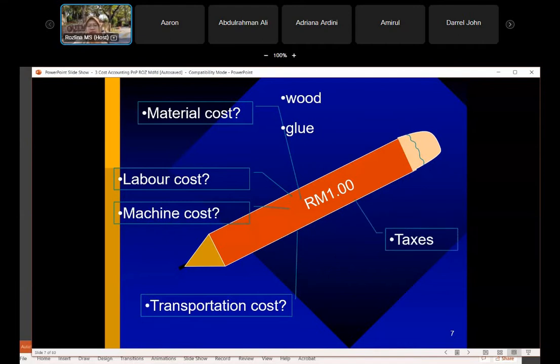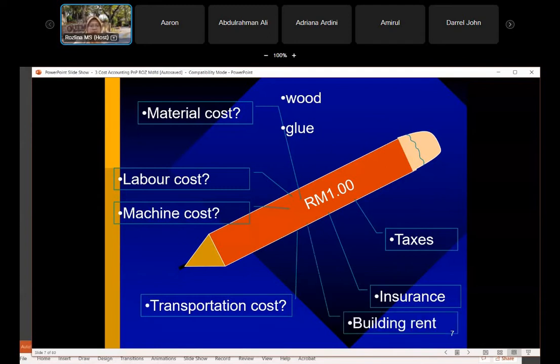All the products will have tax, so tax should be included in the cost, and also insurance. Because the products will be put in the warehouse, so they also have insurance, or during travel there is insurance too. And also building rent, factory rent.